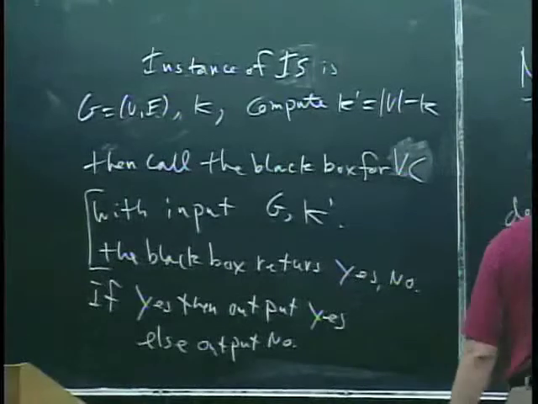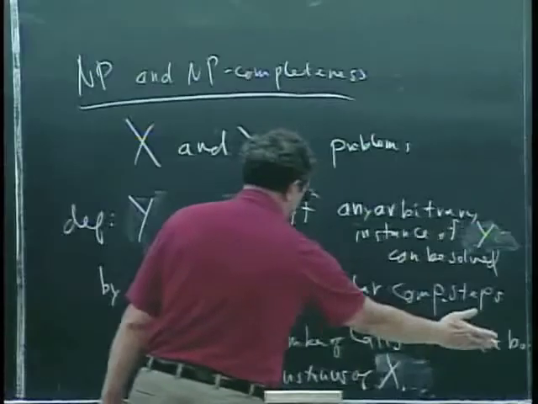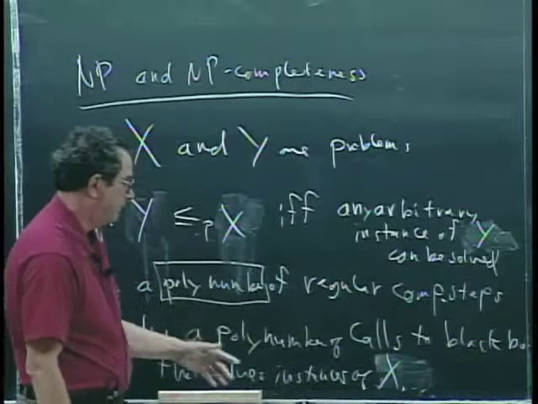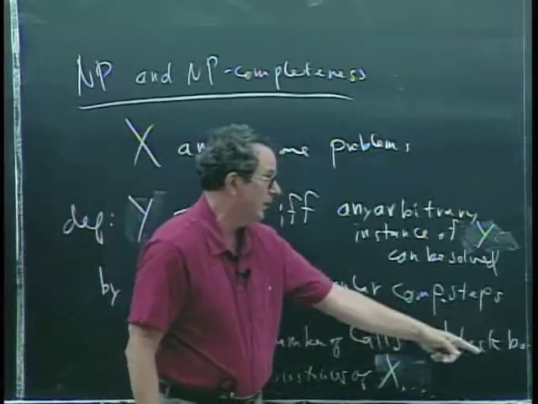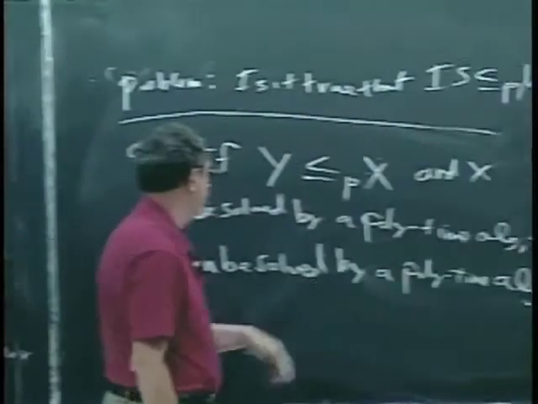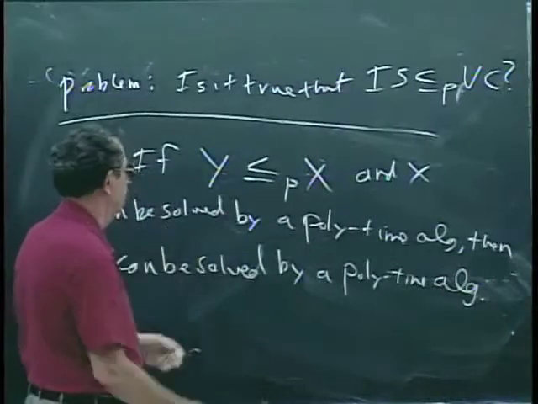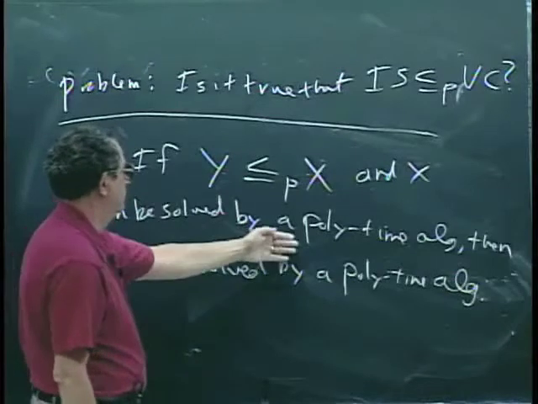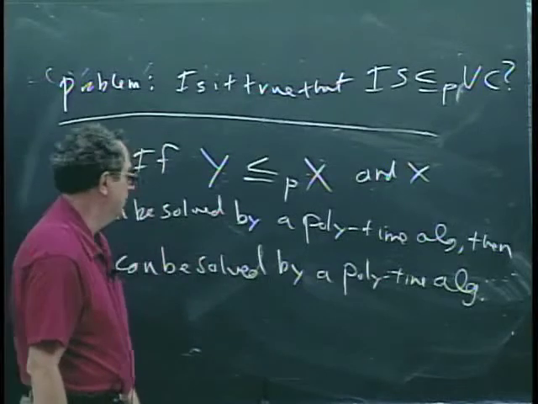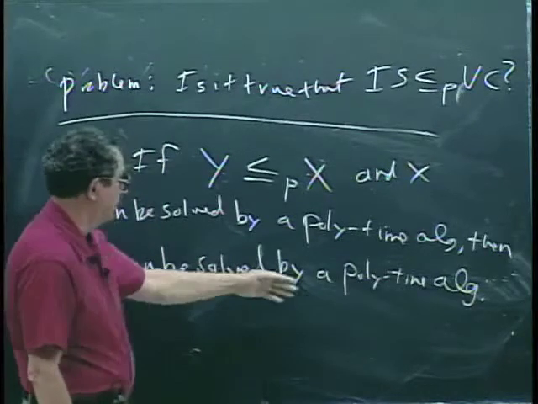Here in this definition, we were just saying you call the black box a polynomial number of times, and we didn't count how much time the black box takes. But now if the black box is actually an algorithm whose running time is bounded by a polynomial function of input size, then y can be solved.